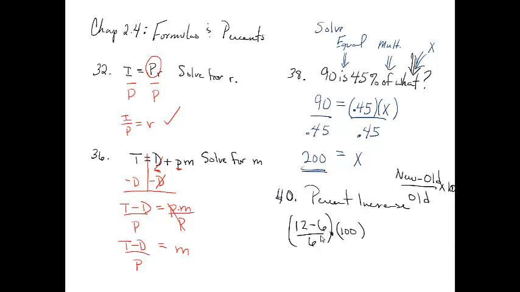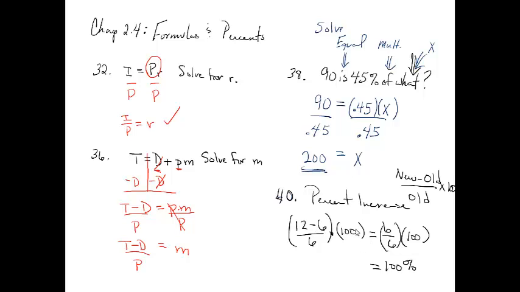So 12 minus 6 divided by 6 times 100. The formula says new minus old divided by old. So let's see. 12 minus 6, well, that's going to be 6 divided by 6 times 100. Well, 6 divided by 6 is 1. So this ends up being 100% increase.